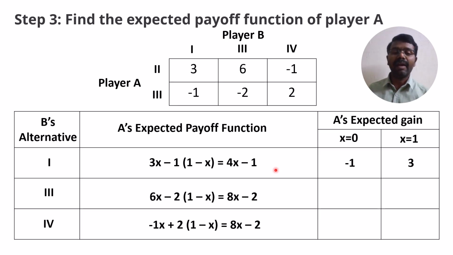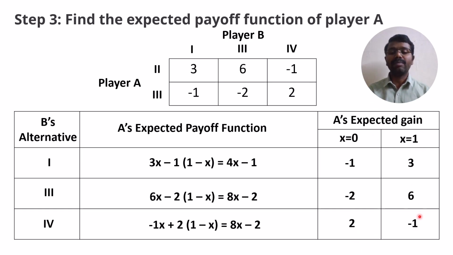In a similar manner, if x becomes 0 here, the value will become minus 2, and if x becomes 1, the value will become 6. Similarly, if x becomes 0 here, the value will become 2, and if x becomes 1, the value will become 1. That is how we get A's expected gain.